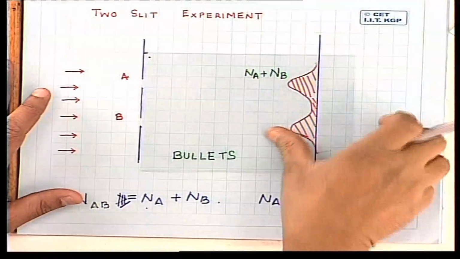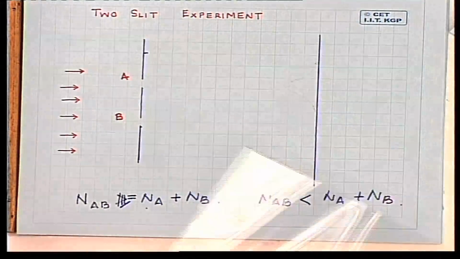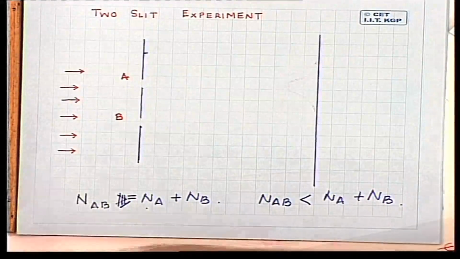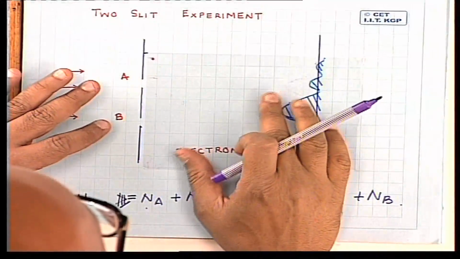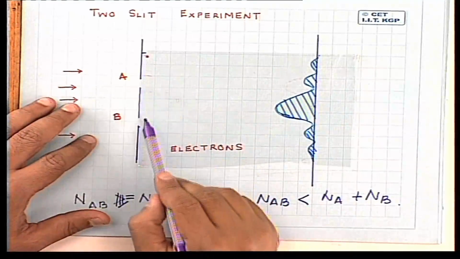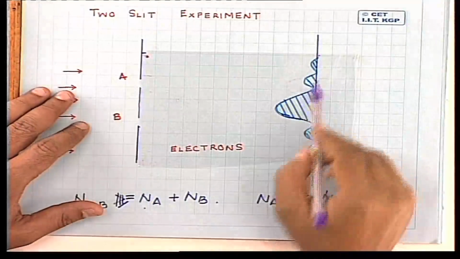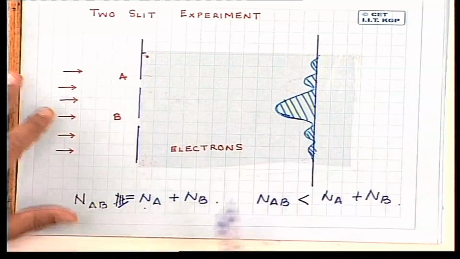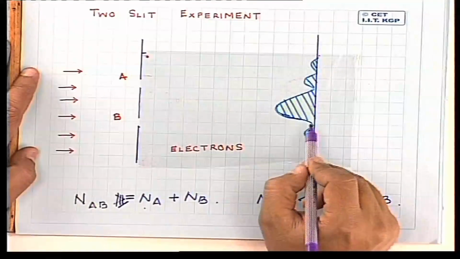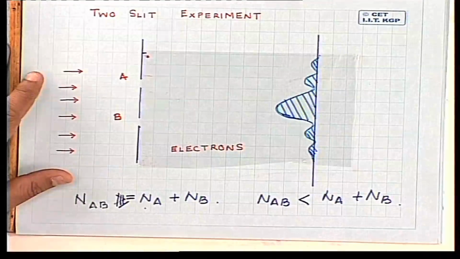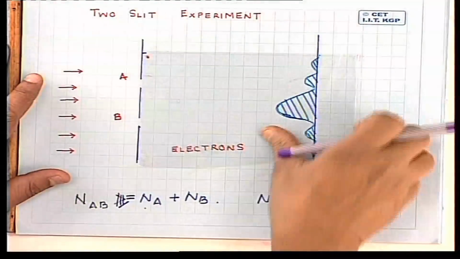But if you do not make a measurement to find out which way the electron went, what you get is something quite different. You get an interference pattern where the number of electrons arriving goes down at some points and goes up at some points.